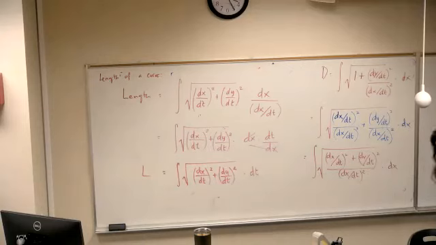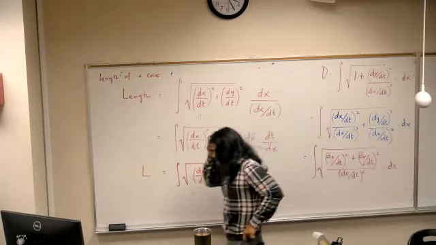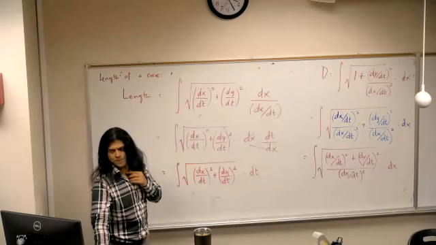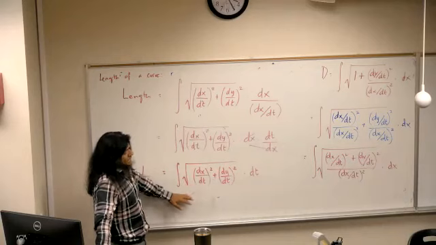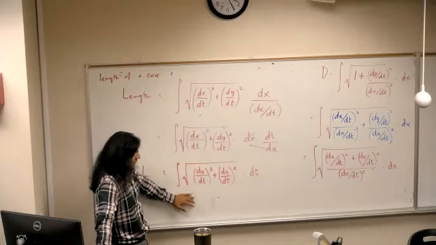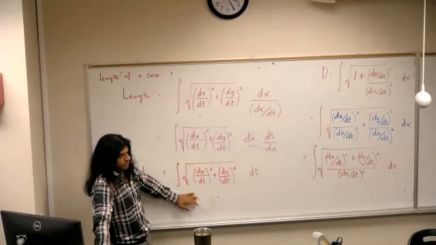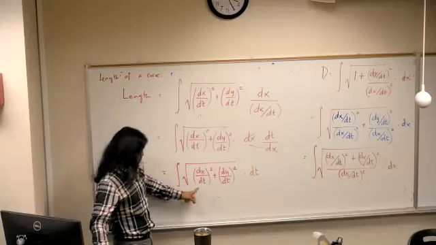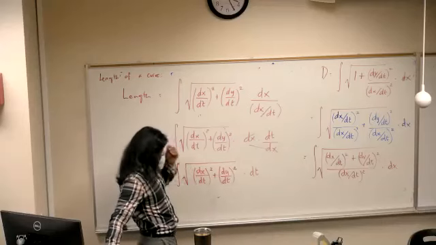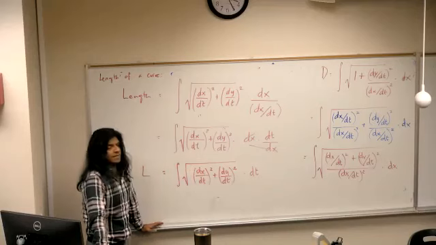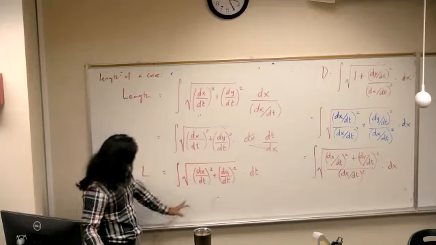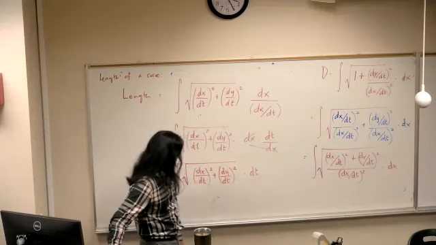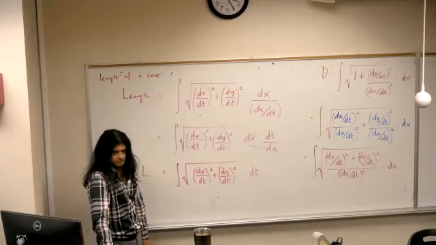It just comes to you naturally. So that is the formula to find the length of a curve parameterized using the parameter t. We know when you take the derivative of x in a parametric equation with respect to t, you get a function of t, yes? So that's that. Good.